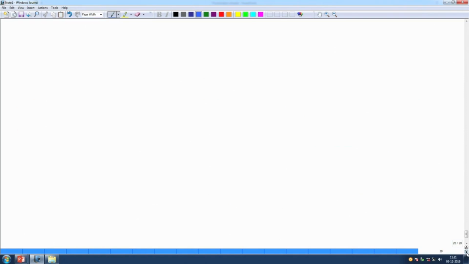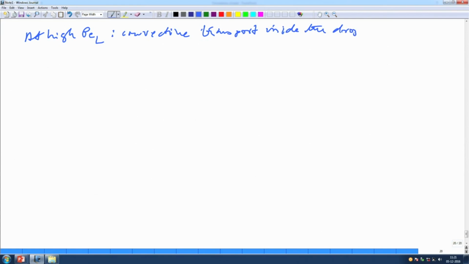So, this is for low Peclet number. For high Peclet number, the convective transport inside the droplet is stronger than thermal diffusion. Obviously that is the case.